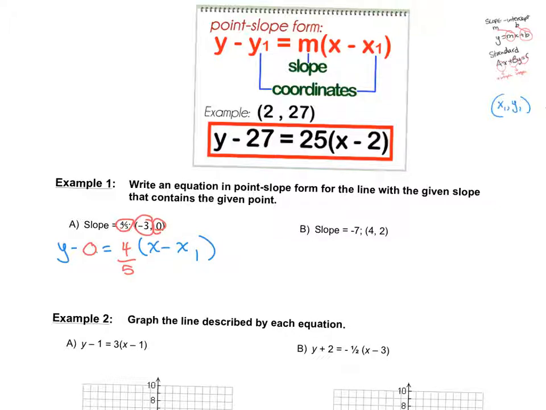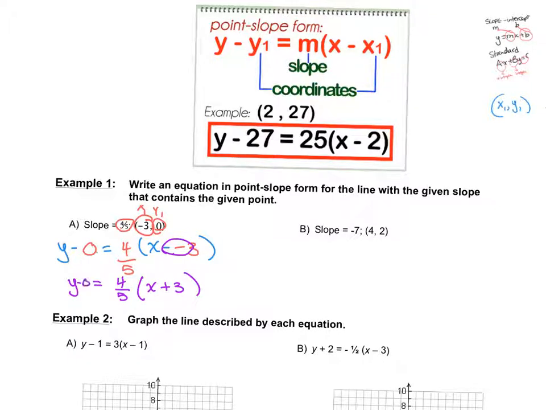And x1, because this is x comma y, x1 is -3. So notice when you subtract x1, it's minus -3, which will immediately then become plus. And so the way to figure this out after is y minus 0 is just y is equal to 4/5 times x plus 3.